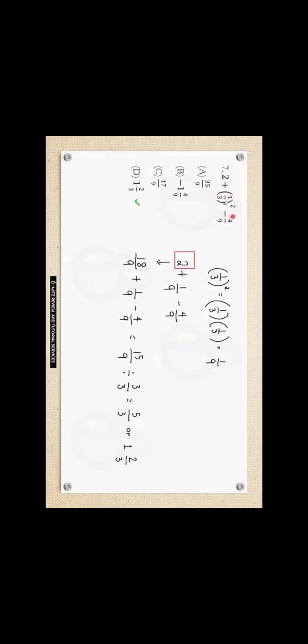Because we have here two fractions, meaning that it will be closer to our 2, and that will be 1.5. And as you can see, only D, which is 1 and 2/3, fits this estimate. So that's how you can actually estimate the answer here.